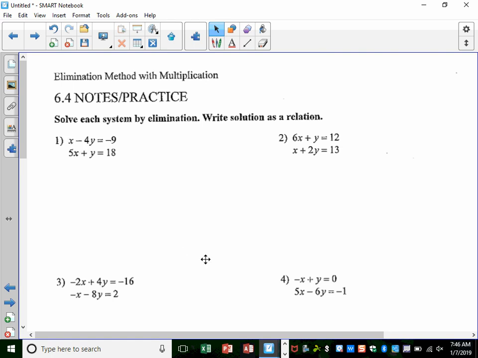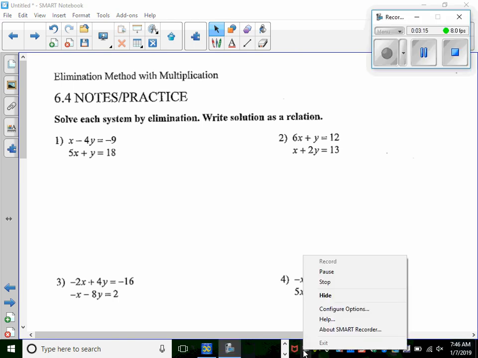Okay, so this is where you get to choose. So let's just say, for instance, I wanted to eliminate the x's. If I wanted to eliminate the x's, then I would need to make the top one a negative 5, because then a negative 5 and a positive 5 would cancel out.